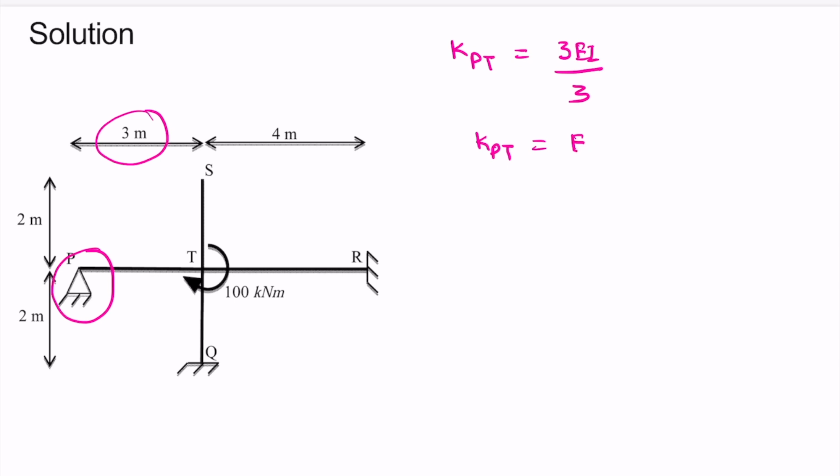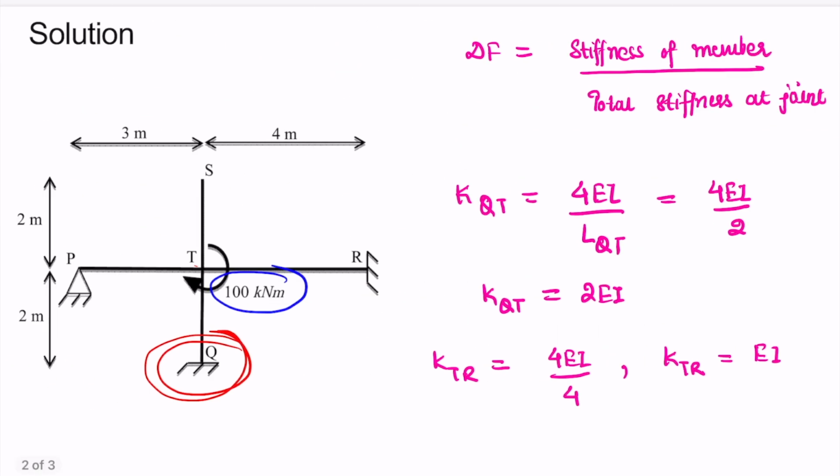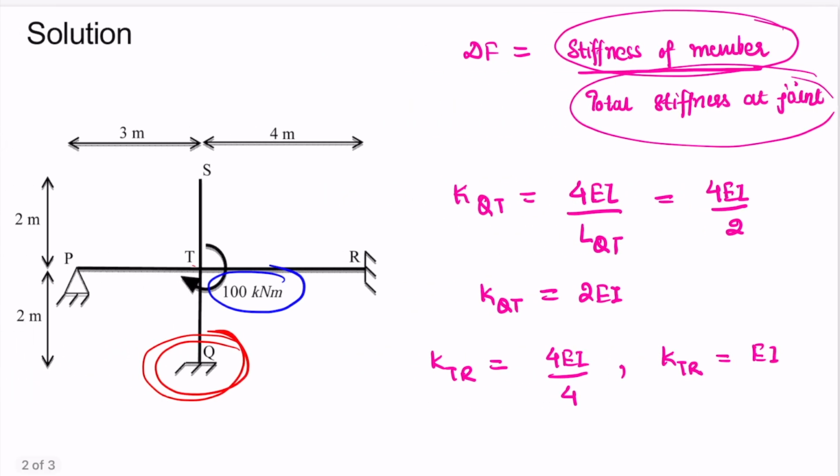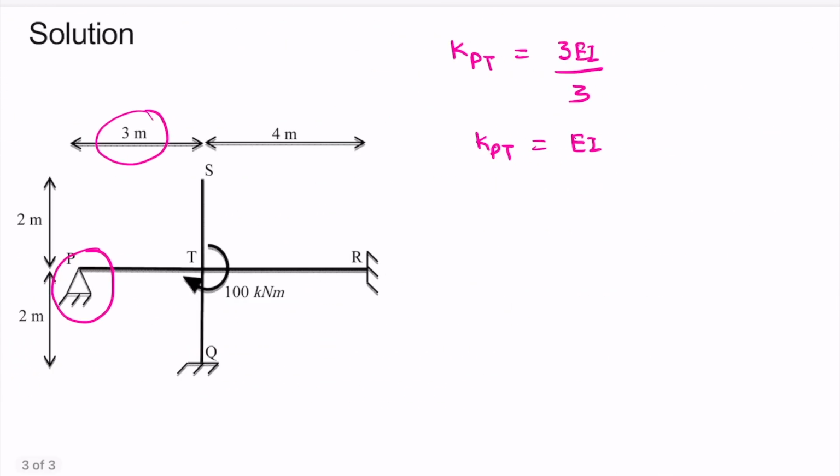So in our formula to calculate the distribution factor for different members, we have the stiffness of that particular member divided by the total stiffness at the joint. So now we know the stiffness of all the connected members, so let us find the total stiffness at joint. So total stiffness is KPT plus KTQ plus KTR.